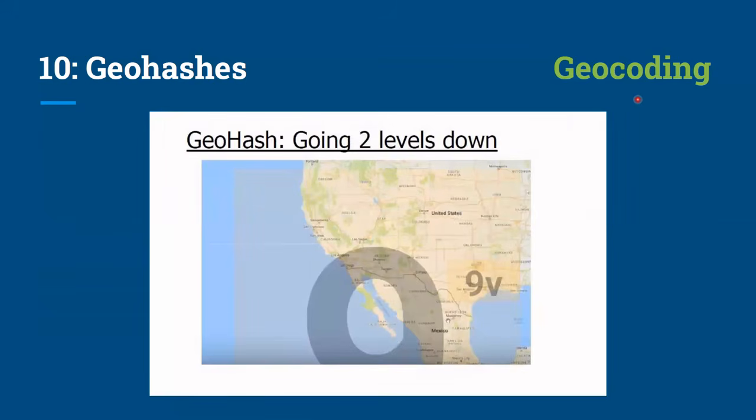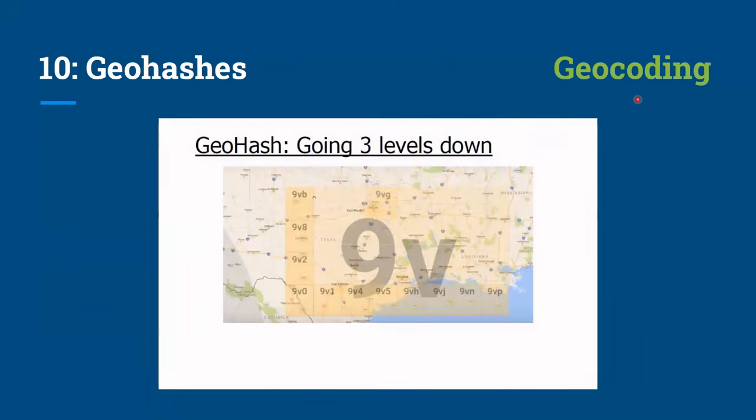We go 1 more level down, and now 9V, so we've got 2 levels down here, and 9V corresponds to a more specific part of the United States. We go 1 more level down, and we've got 9VB, 9V8, 9V2. We can select and so on. So actually, we are going more specific into that part of the world. So you got the idea.